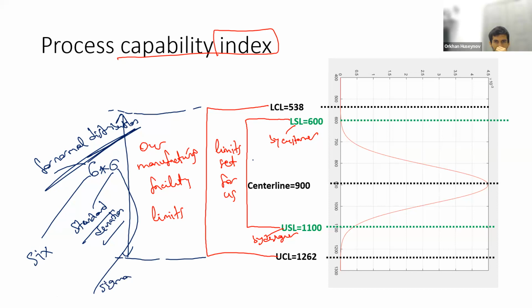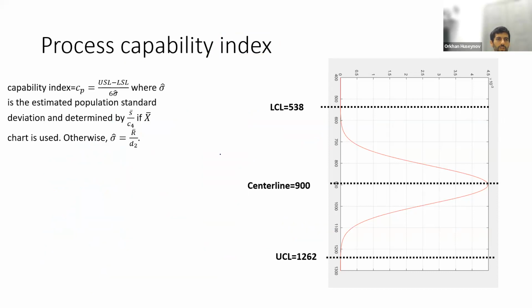Okay. And then we have the specification limits by the customer and, as I said, the designer. So the capability index tells us this, the specification limits divided by the 6 sigma.